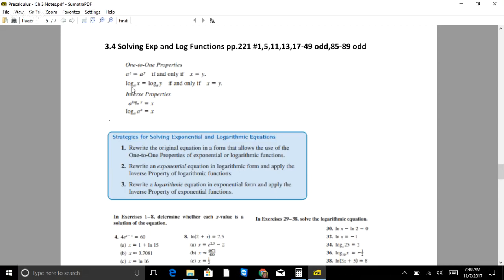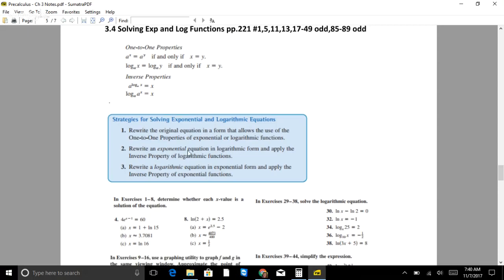The same if I can get a logarithm base a of x equal to a logarithm base a of y, then I know that the values x and y that I'm taking the logarithm of would also be equal to each other. So this is one possible strategy that we can use.